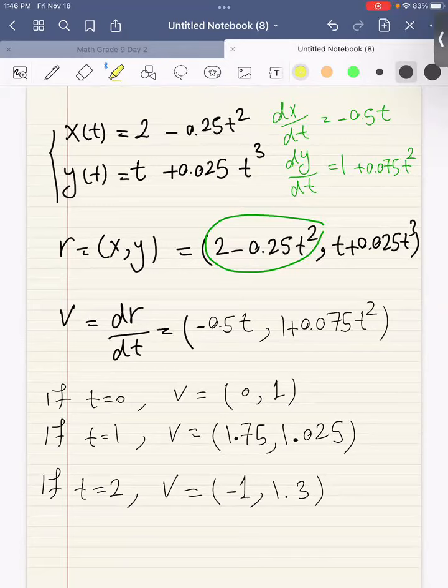Please find the angle of this vector, the angle that it makes with the positive direction of the x-axis.